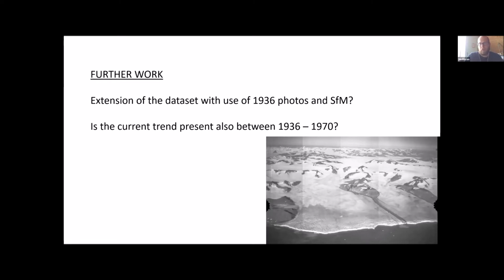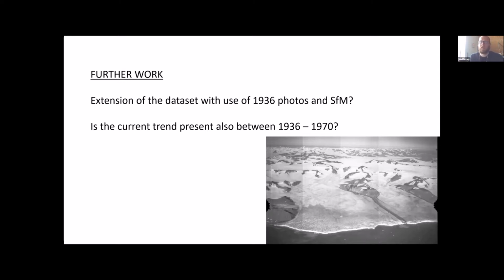And of course, we can probably use the old data set of aerial images from the 1930s and use it with structure from motion techniques to reconstruct an even older digital elevation model, which is a technique that is used in Svalbard quite often in the last 5-6 years. So that could be done also.